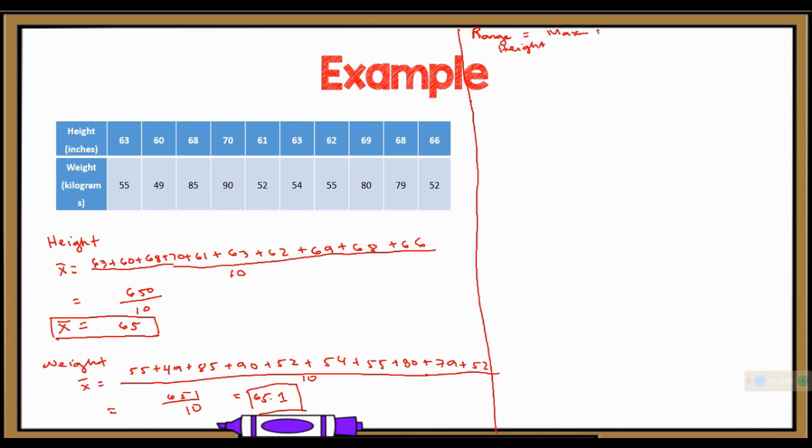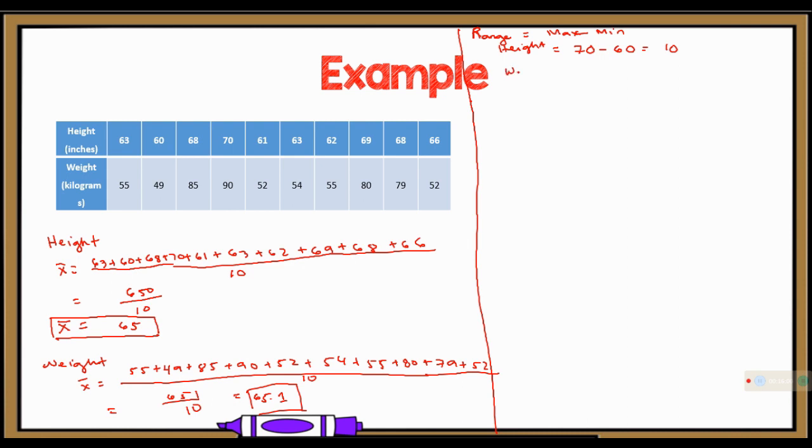Maximum minus the minimum. So, si height, ano yung maximum height? Sino yung pinakamatangkad? 63, 60, 68, 70, 61. Okay, si 70. Minus, locate natin yung pinakamaliit. 60 na ba? 60. Okay, the range here is 10.